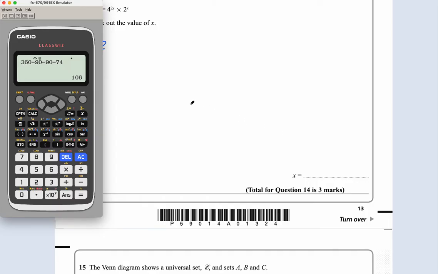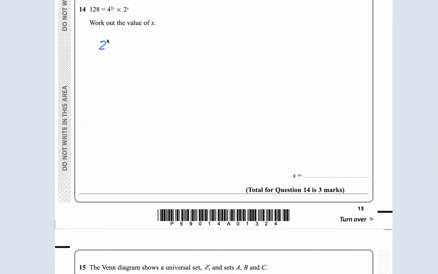Well, if you don't know, just go 2 times 2, which is 4, times 2 is 8, times 2 again is 16, then 32, then 64, and then 128. So it's 7. 2 to the power of 7 is 128.